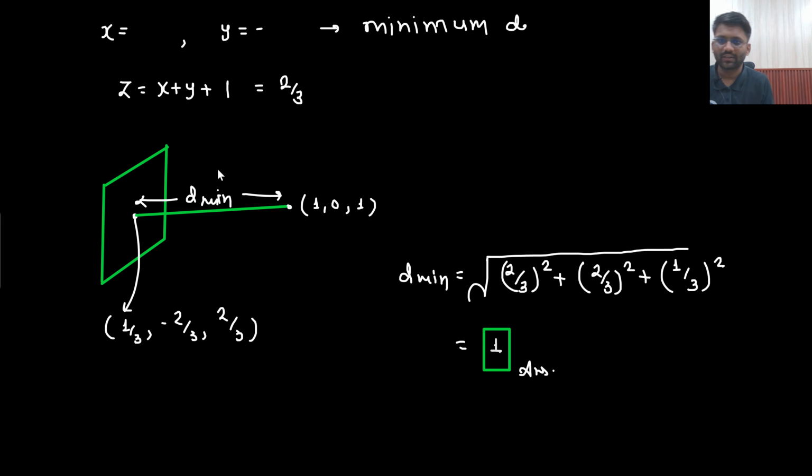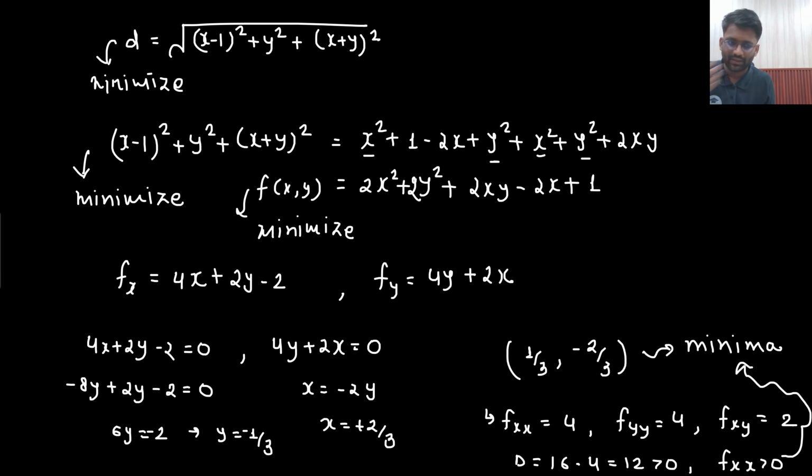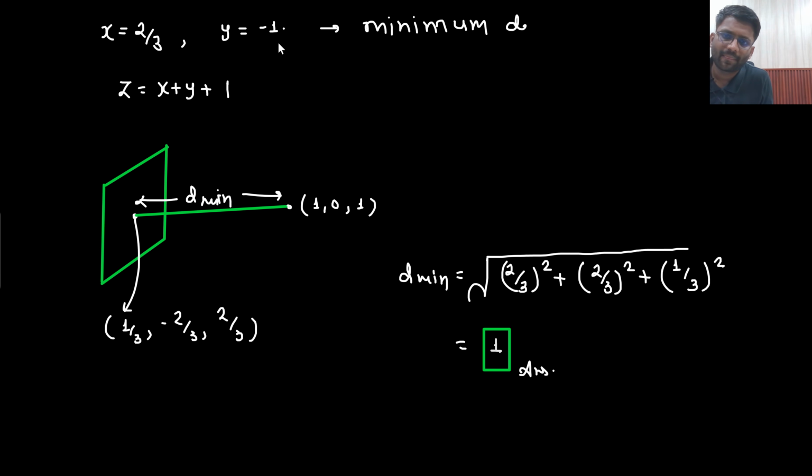So x is 2 by 3, y is minus 1 by 3, so z is 4 by 3. So here the point is 2 by 3, minus 1 by 3, and 4 by 3.